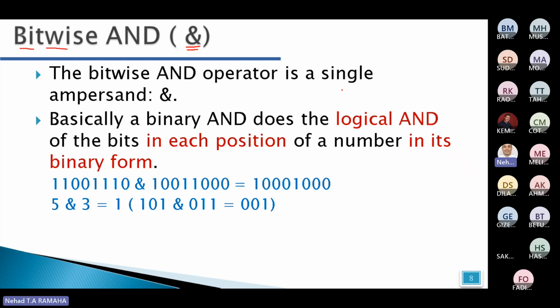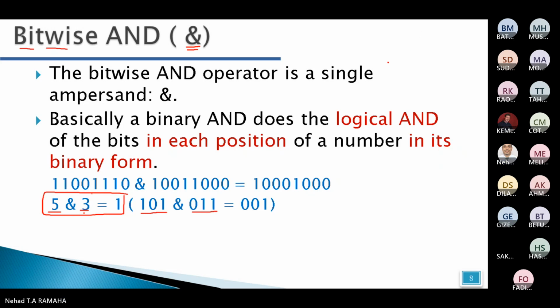Okay, so we already mentioned this bitwise and. Actually, for example, if we have an operation like 5 and 3, how come it becomes 1? The compiler will take the 3, so 3 is 0, 1, 1. 5 is 1, 0, 1. How do we know it?